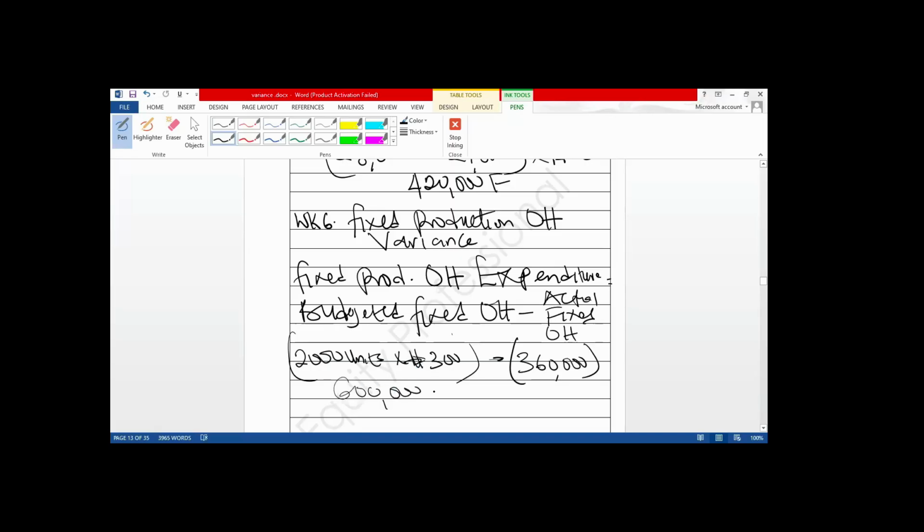That is 600,000 minus 360,000, which gives us 240,000 favorable.